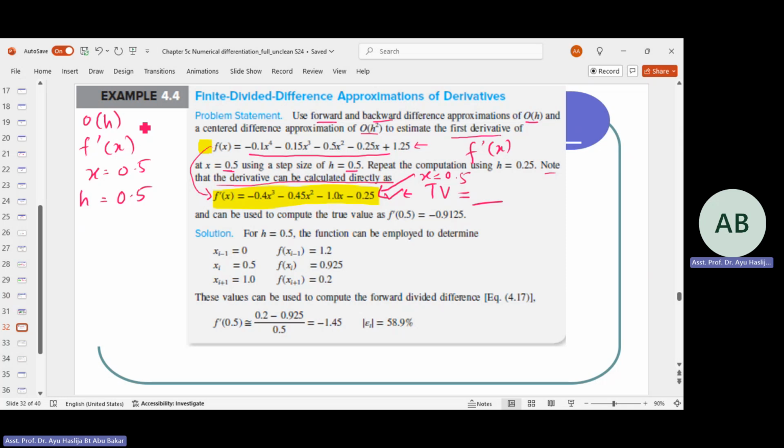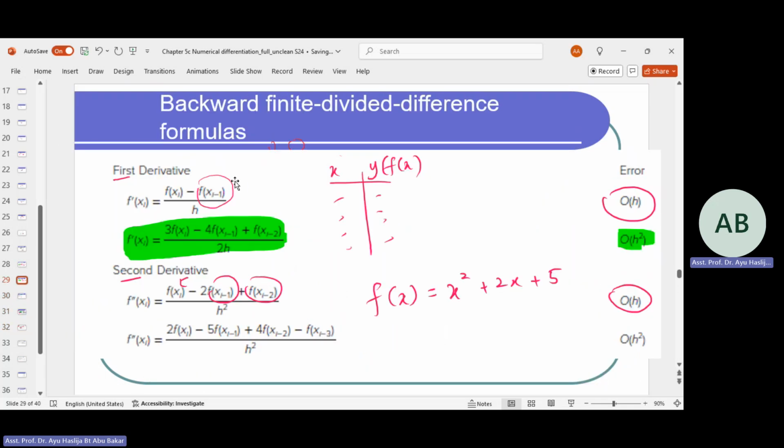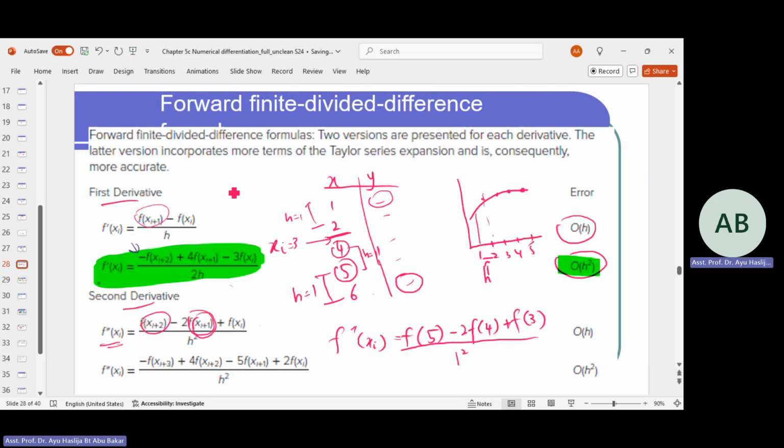Okay, then we proceed to find the x values and f(x) values. Now remember, your x is 0.5. So forward O(h^2), level 2. I don't memorize the equation either. Forward level 2, here, this one, x plus 1 and plus 2.